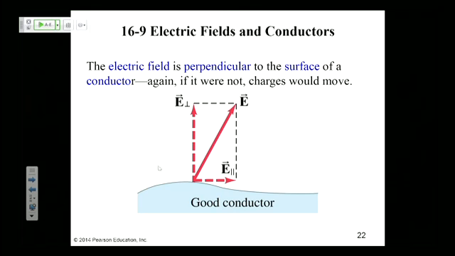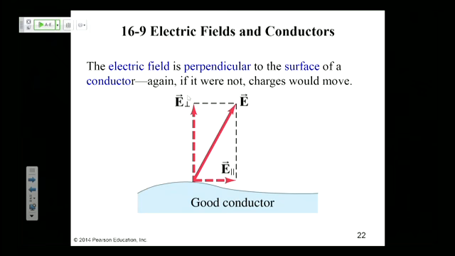But when you decompose that field into vertical components and components parallel to the surface, or horizontal components, the horizontal components will cancel with other horizontal components from other neighboring points, and the only component that will survive is the perpendicular component.